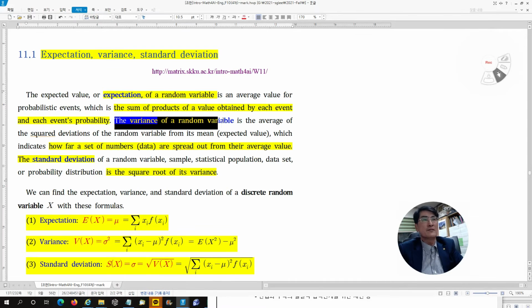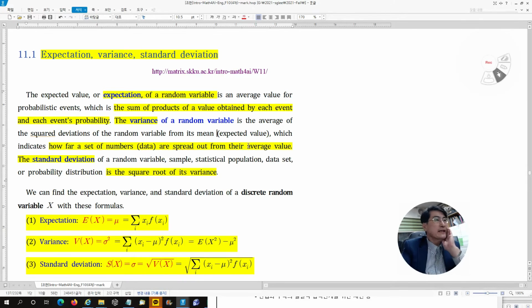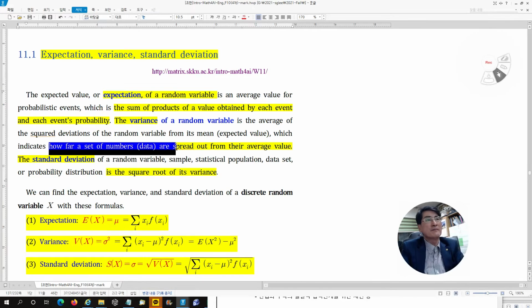The variance of a random variable is the average of the squared deviation of the random variable from its mean, which is the expected value. This variance indicates how far a set of numbers are spread out from their average value.